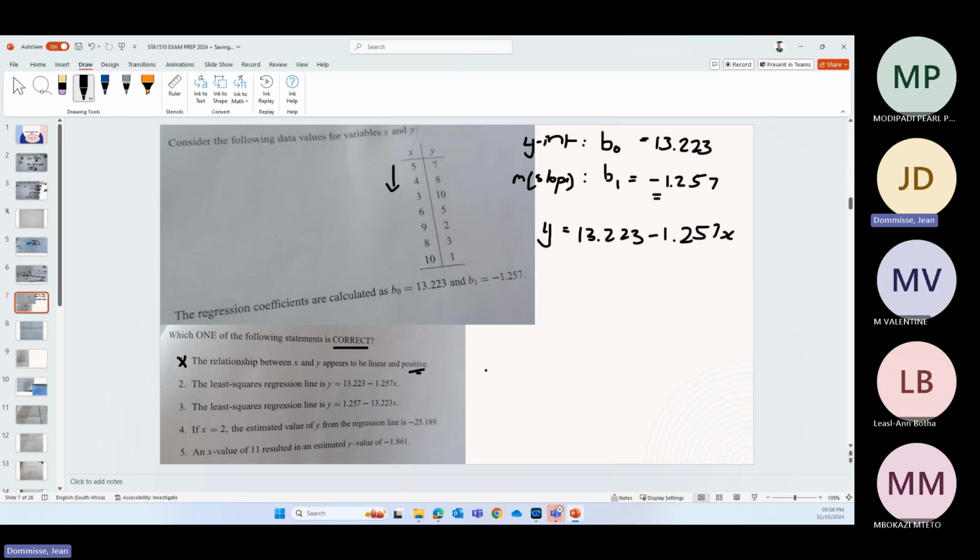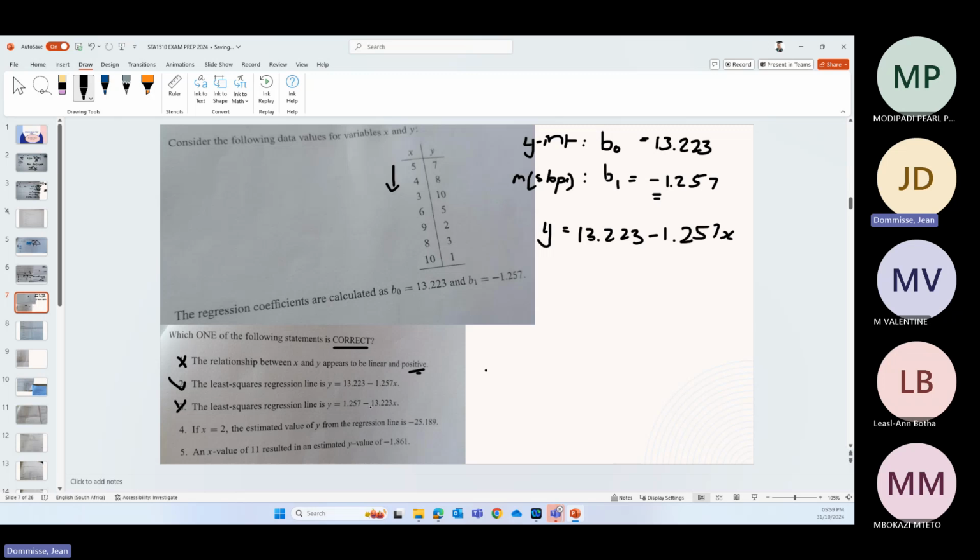The least square regression line is y is 13,223, and so that one is correct. The next least regression line is incorrect. Then, depending on which line you would have worked with, if x is equal to 2, then that will definitely not be negative 25.